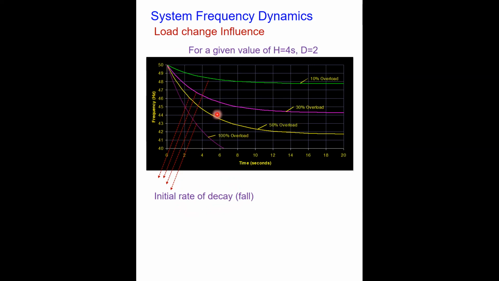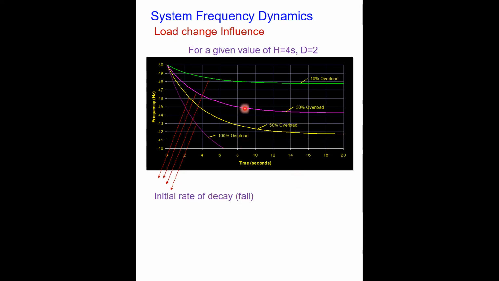But this graph is shown without regulation, without any governor action. So you have the increase in the load on the generator, and then you observe what the frequency change will be. You can see that this is the steady state frequency value, which you will observe in the system.